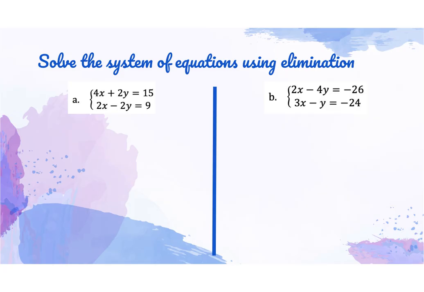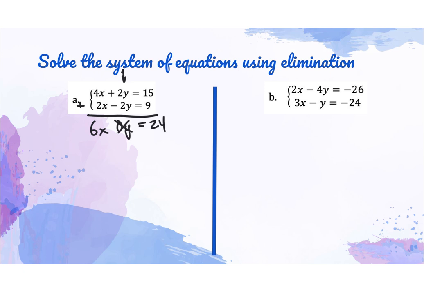Now, elimination works best if you have the same number in front of a letter and opposite signs, okay? Or at least opposite signs in front of the same letter. So here, I've got plus 2y minus 2y, so I'm just going to straight up add those. 6x, this becomes 0y, so it's not there anymore.